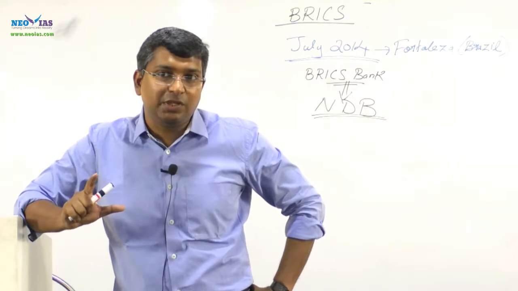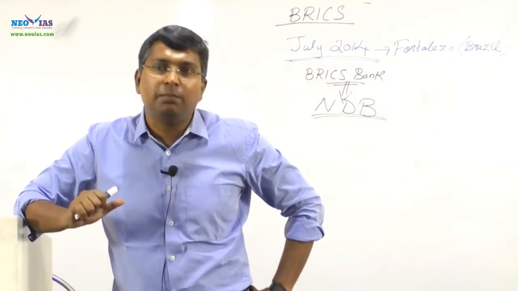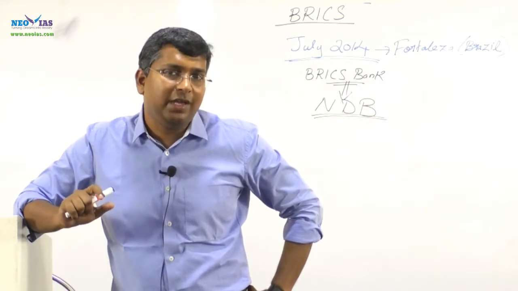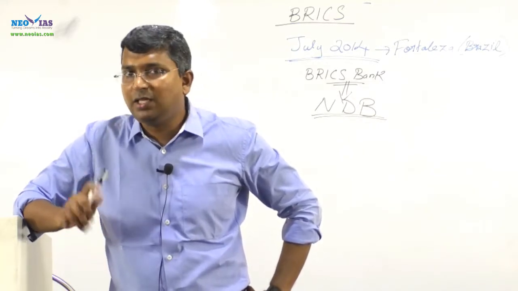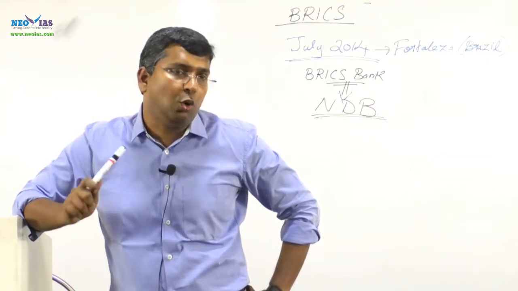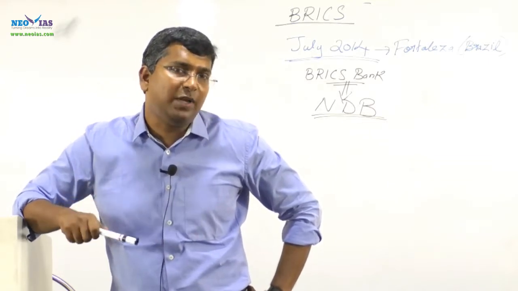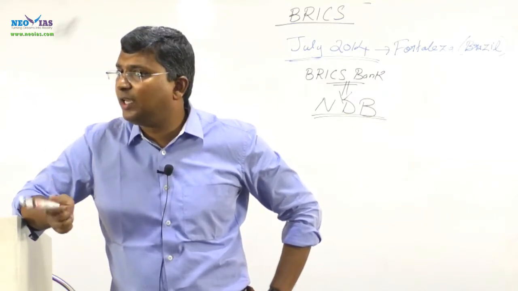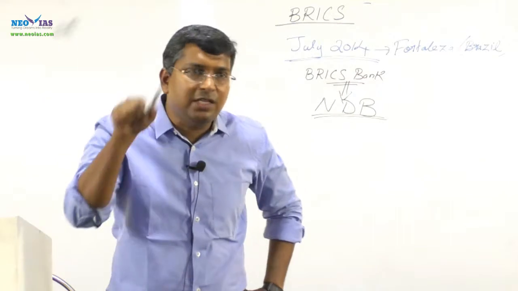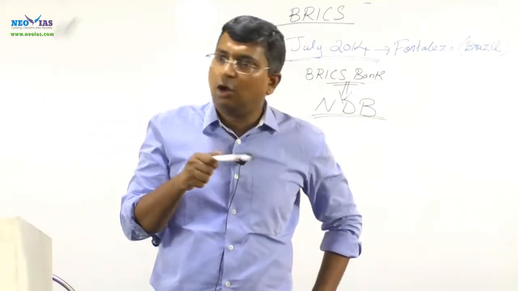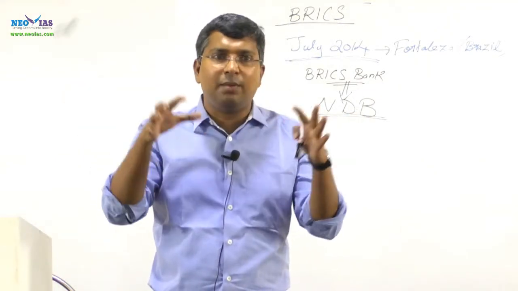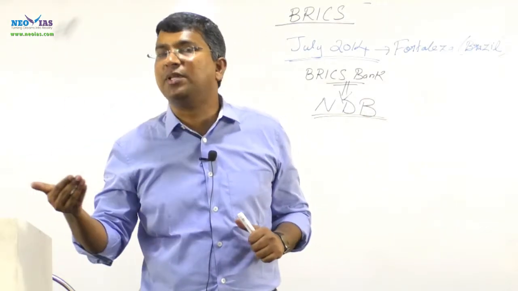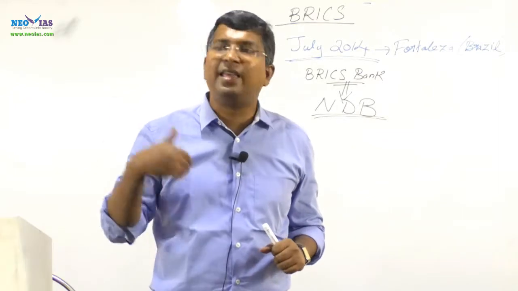Now try to understand the speciality of these 5 members. This grouping has a very interesting factor. This is the only grouping in the world which is not basic. If you take any grouping, normally when a few countries come together, it will be a regional grouping, or for security purposes like NATO or SCO.